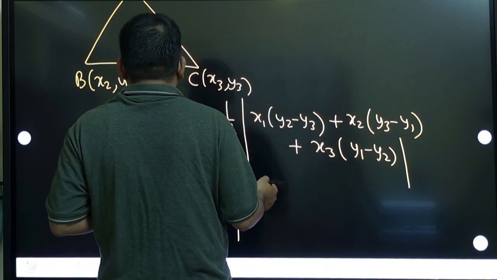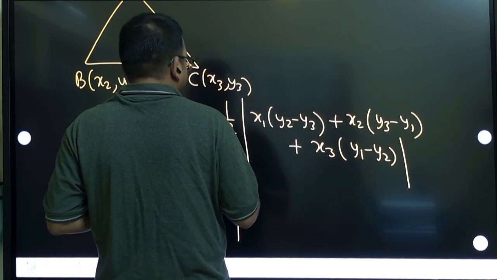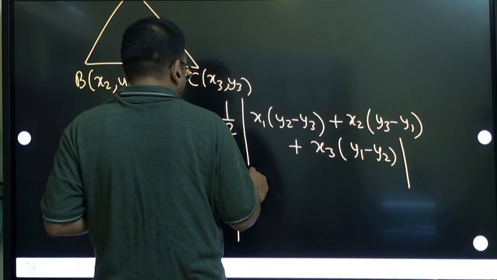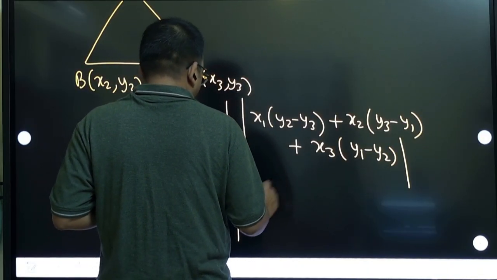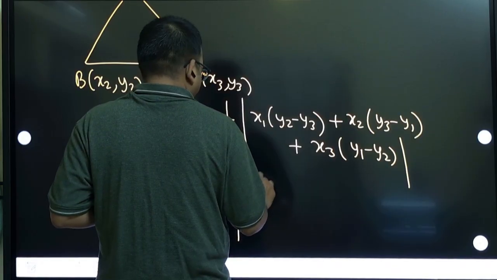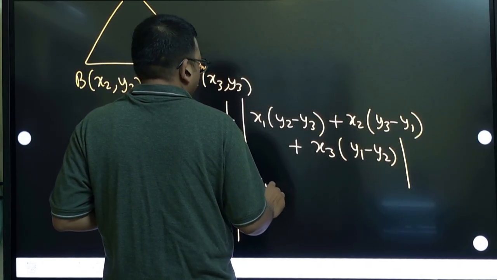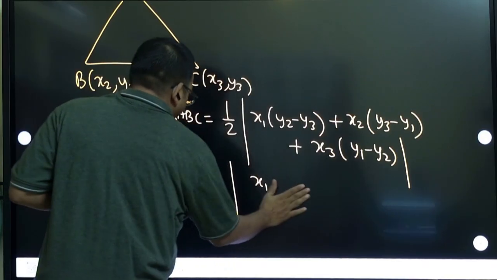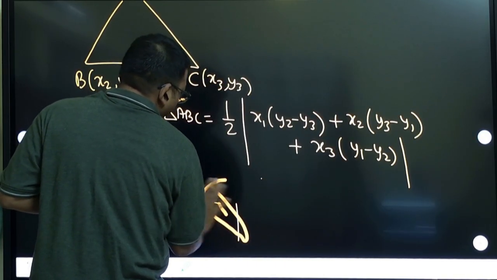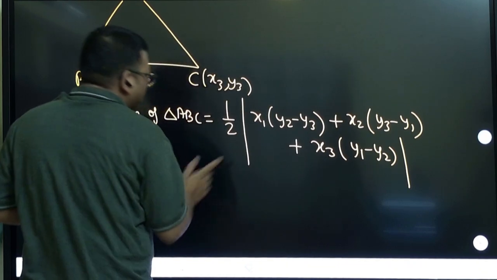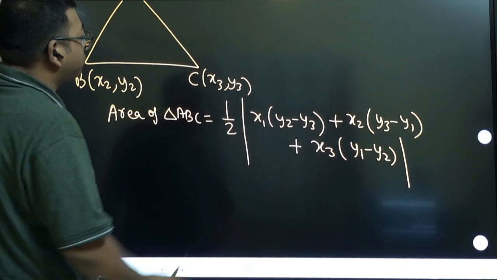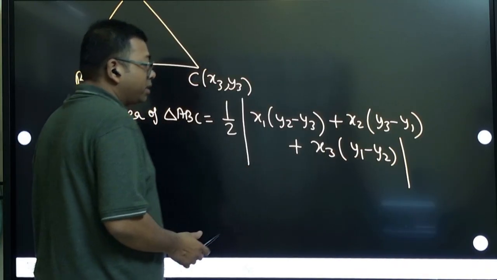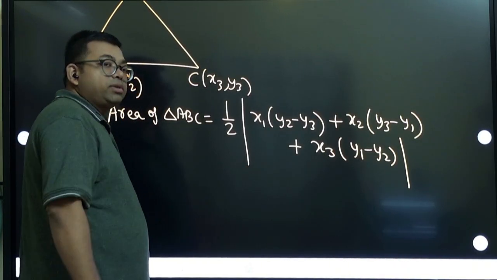Exactly, I'm not sure. Leave it. So this we have to remember. Magnitude it is. Magnitude means area cannot be negative. So we have to calculate in this way.